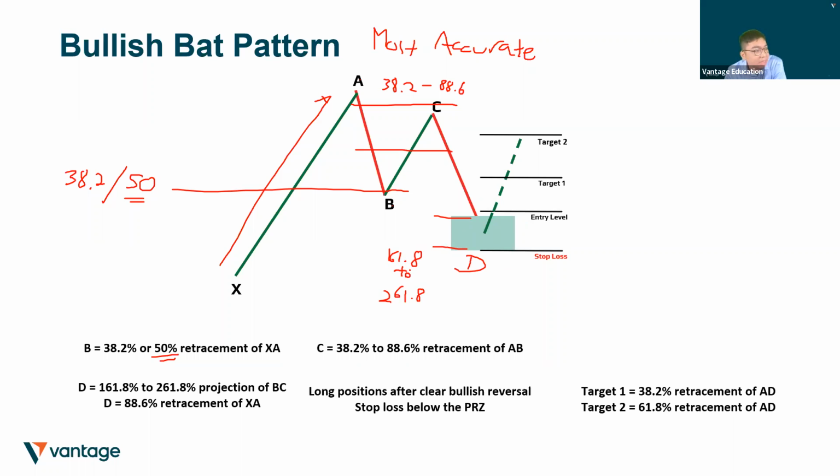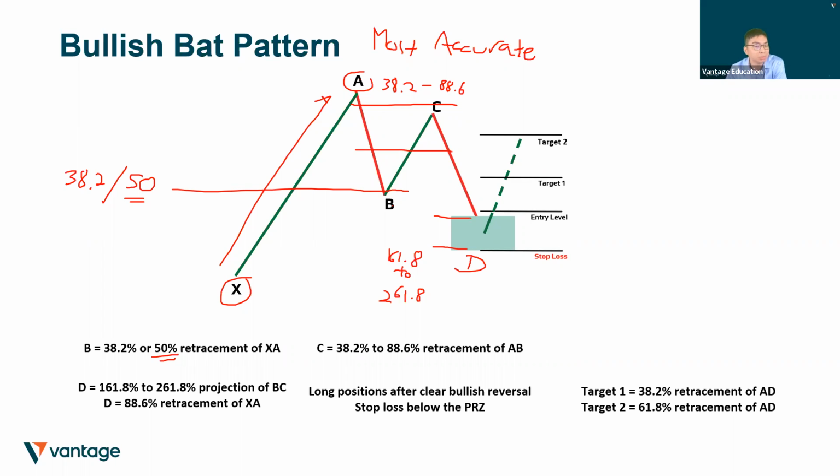However, the 88.6% retracement of XA, so you're looking at XA now, is the most important level in the potential reversal zone.